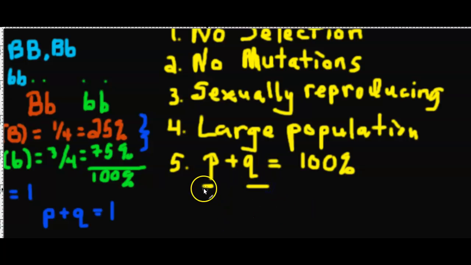So we're going to assume that these are the only 2, right? These are the only 2. So you're going to get the P or the Q, or you're going to get the dominant B or the recessive allele, little b.